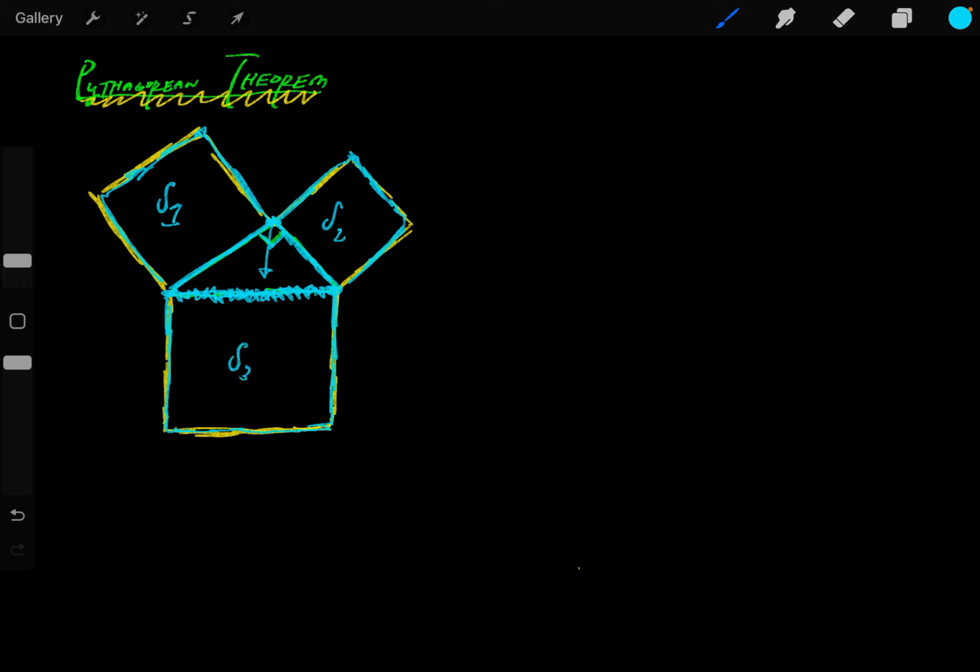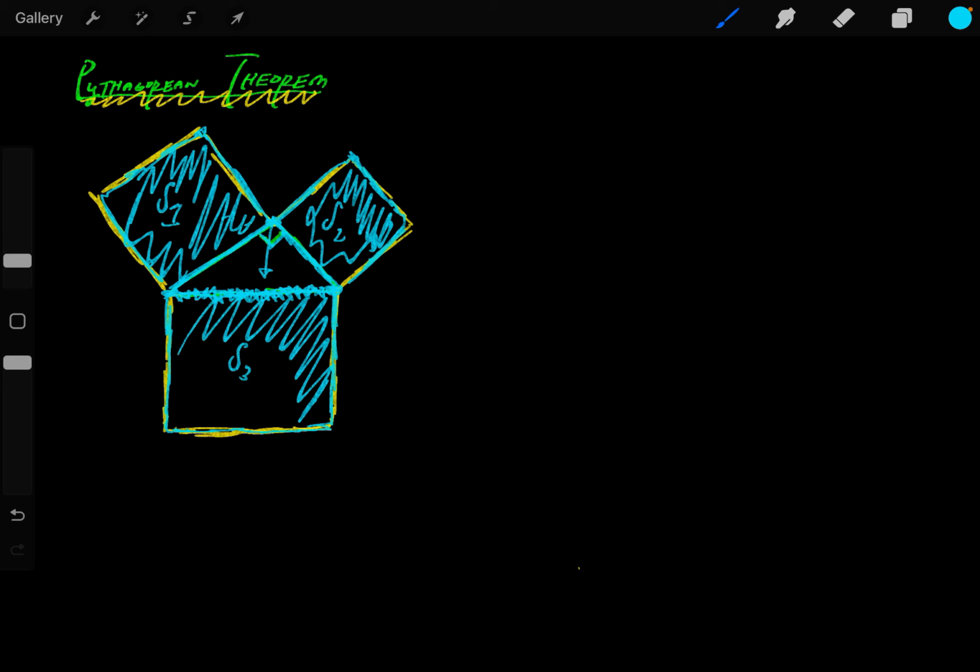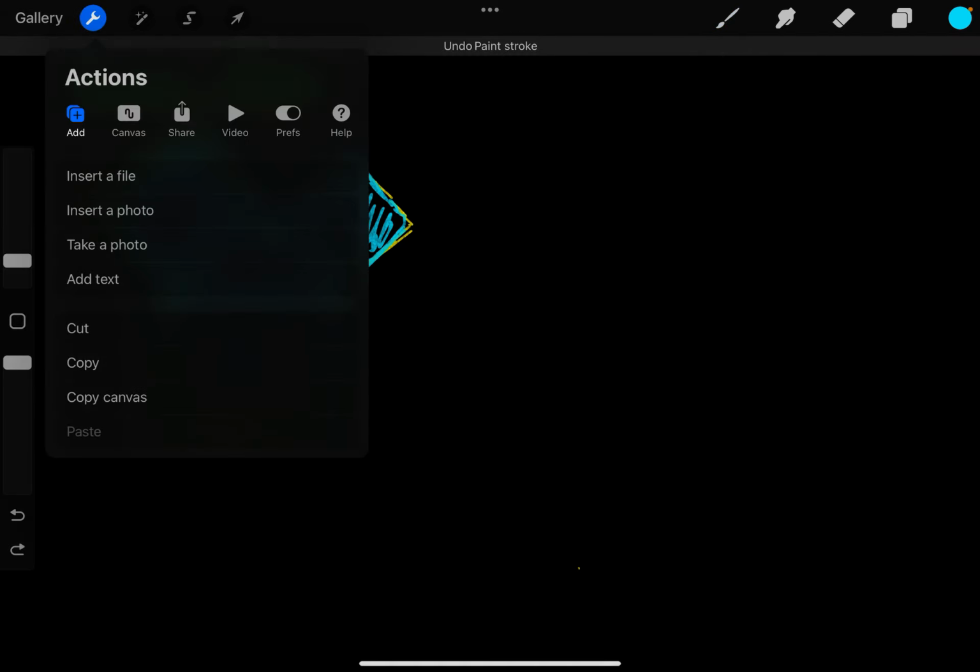That's a statement of the Pythagorean theorem. Let's say S1 is the area inside here, S2 is the area inside here. Then if I combine the two areas, S3 is S1 plus S2.